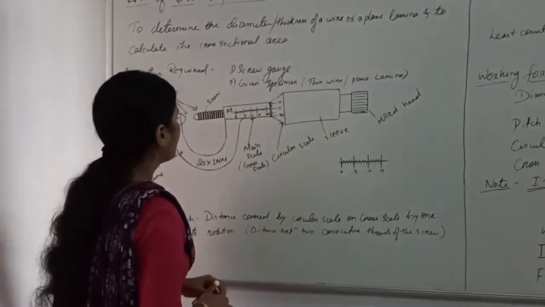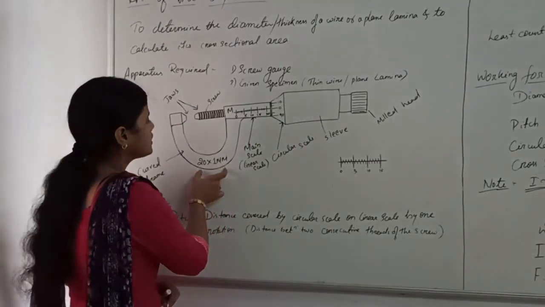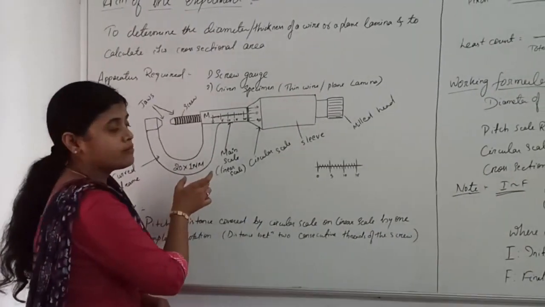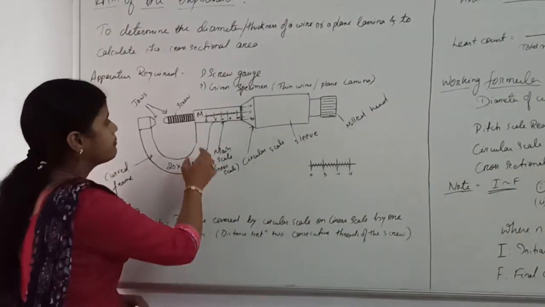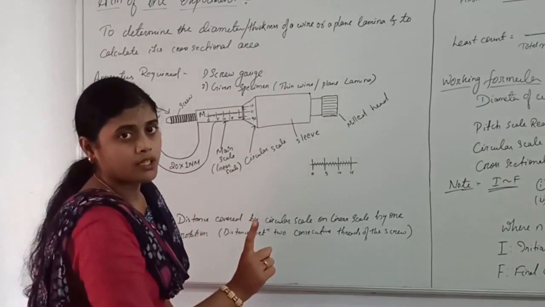Let me tell you one thing. Here I have written 20 into 1 mm. This means this is the maximum length of the main scale: 20 millimeter, which means 2 centimeter.